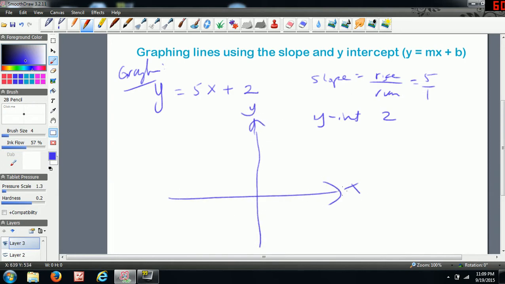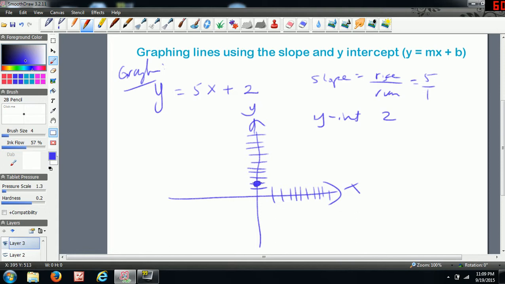So using that information, I could do a quick graph of this. So here's my y-axis and my x-axis. 1, 2, 3, 4, 5, 6, 7, 8, 9, 10. Okay, so we're going to do the y-intercept first. It intersects the y-axis at 2.